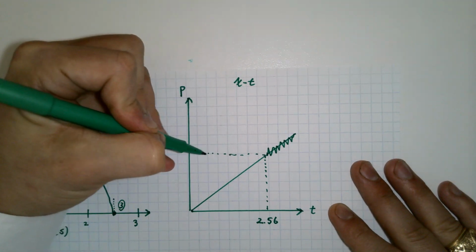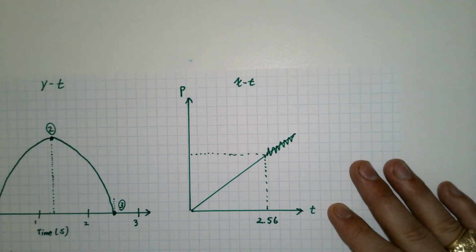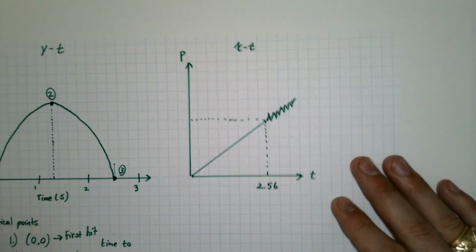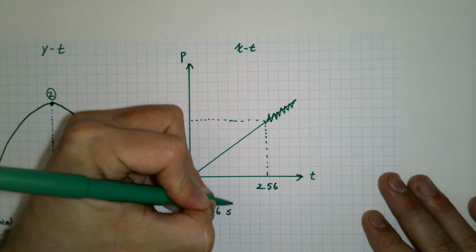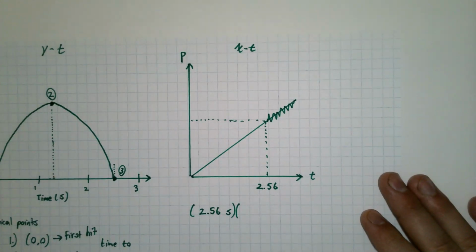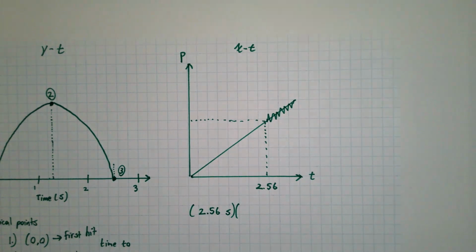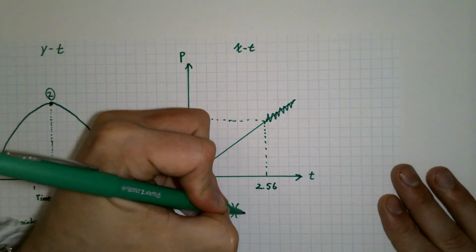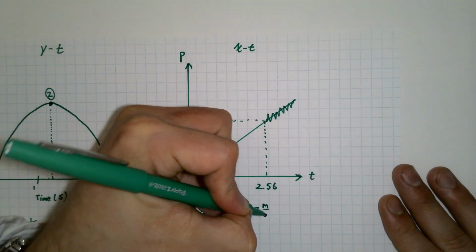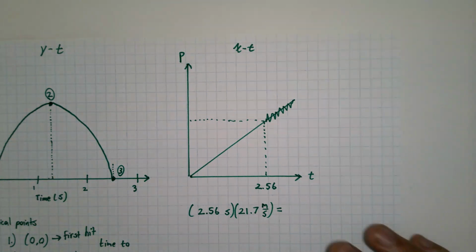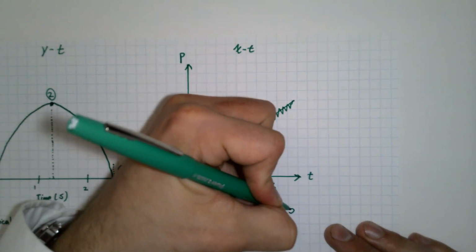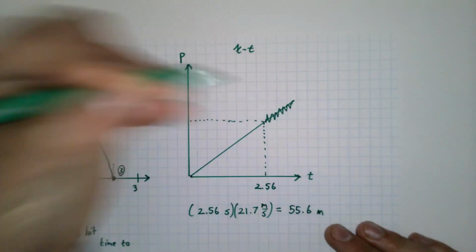Its position at that point in time we can find. If the ball traveled in the air for 2.56 seconds, and that whole time it was moving at a velocity in the x dimension of 21.7 meters per second, that tells us the ball traveled 55.6 meters to the right.